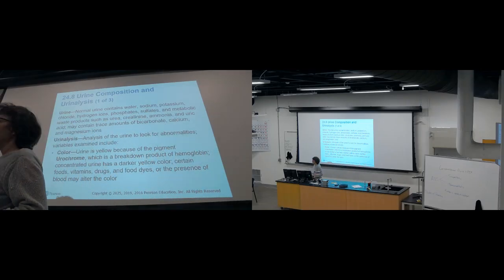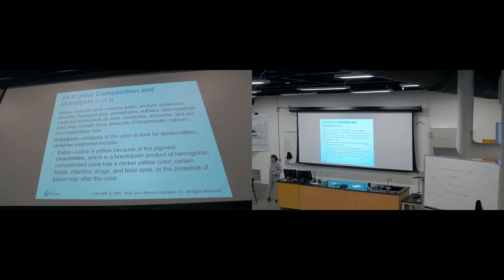What are the components of urine? Water, sodium, potassium, chloride, any ions that you have in your body, and wastes like urea, creatinine, ammonia, etc. We already saw this.